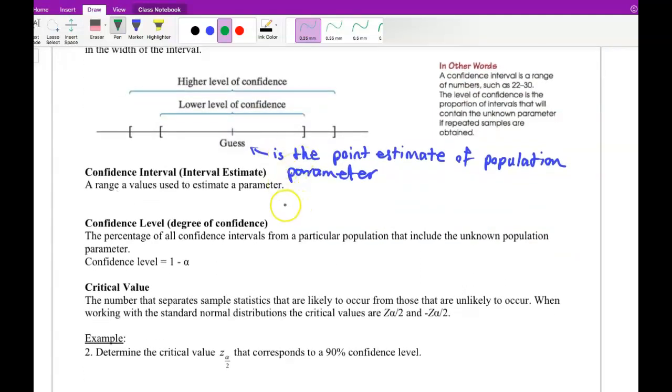So the level of confidence is related to the width of our interval.